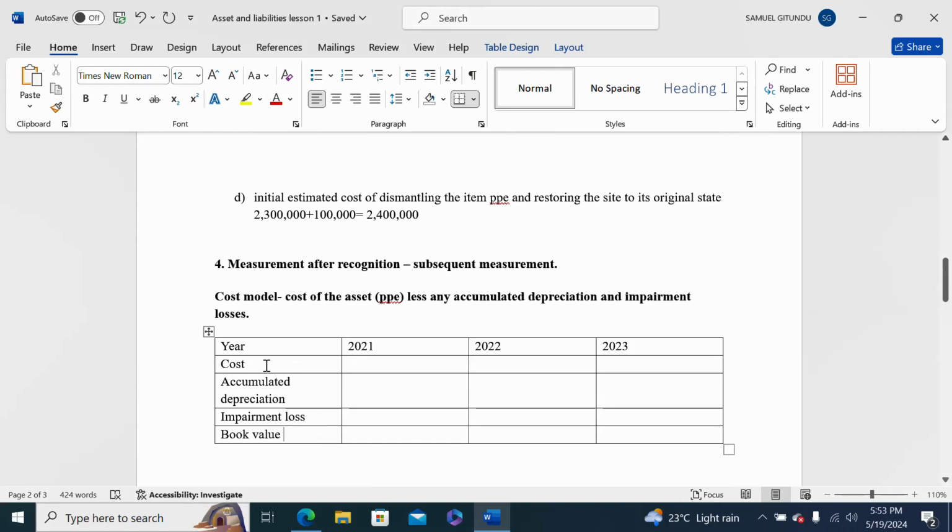The cost in January 2021 is 2.4 million.